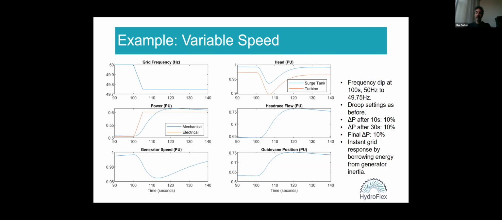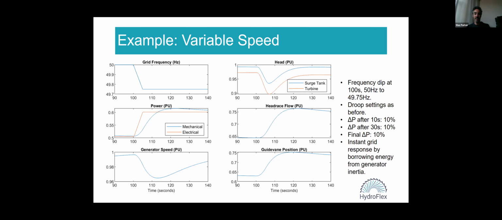If you're running the turbine at a relatively high power output and it doesn't have that much more that it can provide, and then you suddenly start asking for even more power, even if it could in the long term provide that power output, by suddenly asking for a large amount of power, you drop the generator speed down.